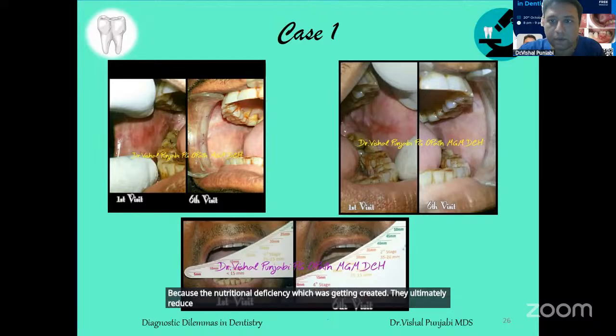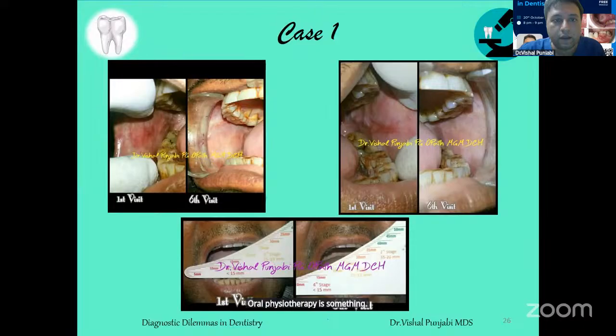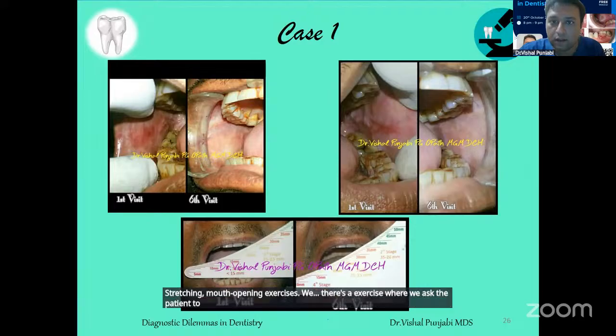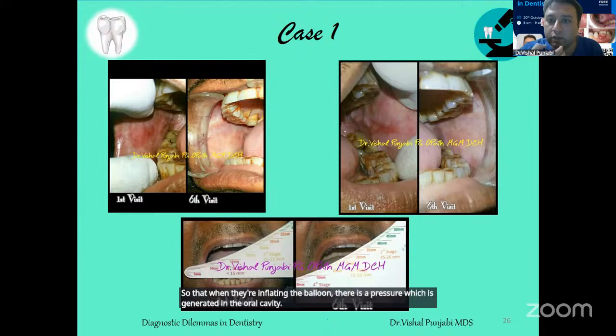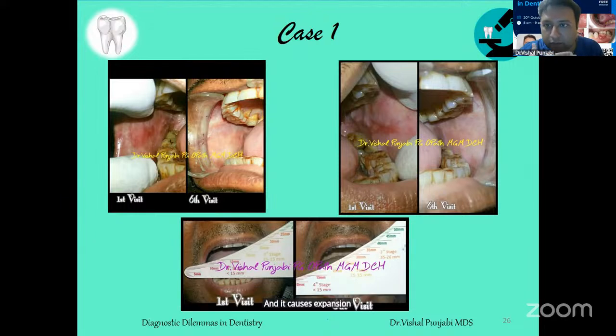Oral physiotherapy was employed. Oral physiotherapy is something that we have to teach them, basically jaw stretching, mouth opening exercises. There's an exercise where we ask the patient to inflate a balloon, so that when they're inflating the balloon, there is a pressure which is generated in the oral cavity, and it causes expansion and breakage of the fibrosis which is being formed in the buccal mucosa, and a strict follow-up.